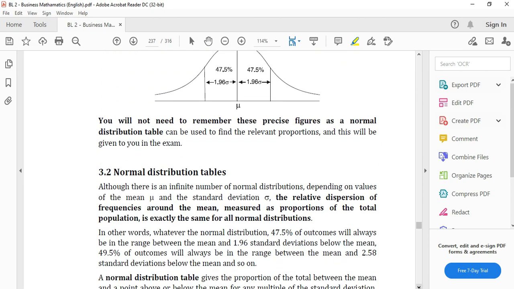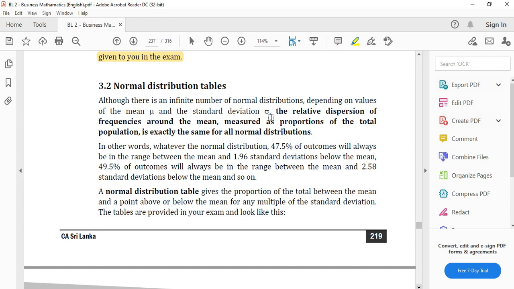And as they mentioned, they will give the distribution table in the exam as well. So that's good. The table represents the relative dispersion of frequencies around the mean, which is the standard deviation shown as a proportion of the total population.